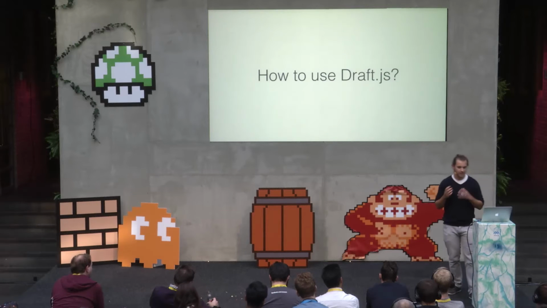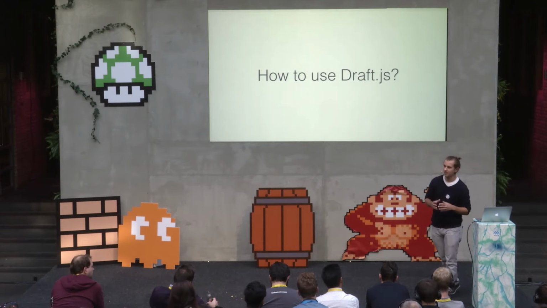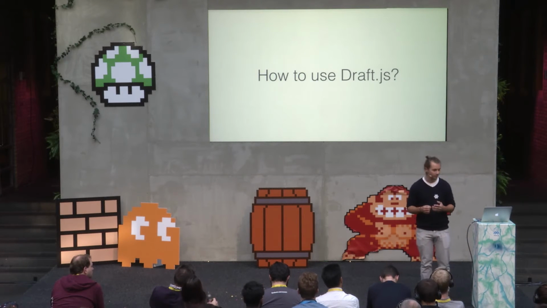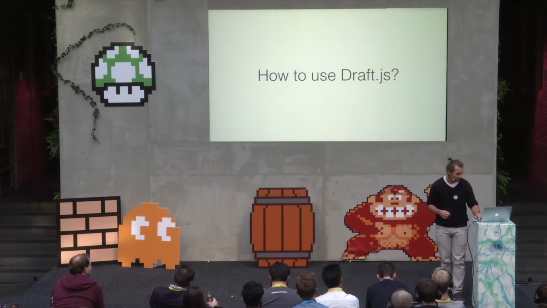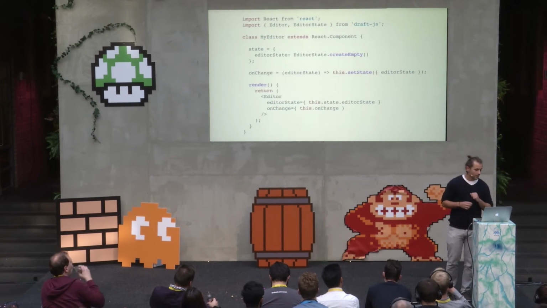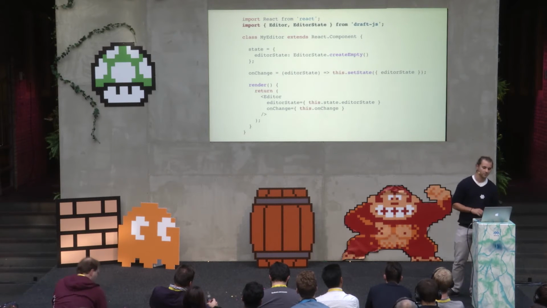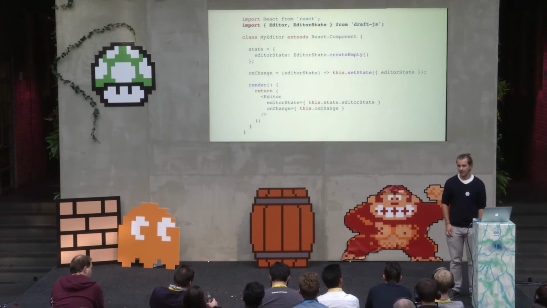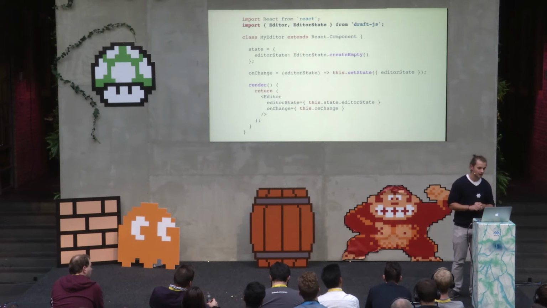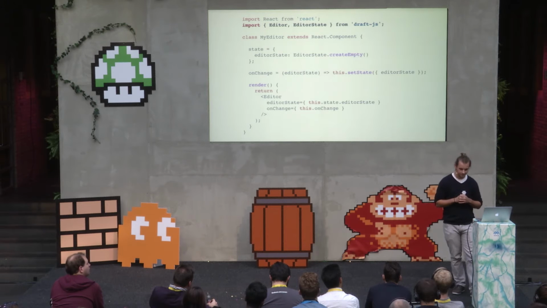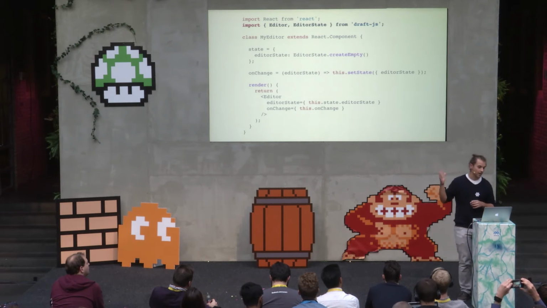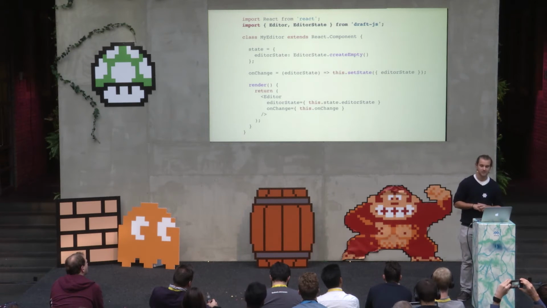So these are the features of Draft.js and why I believe it's super powerful and we should all use it. Let me show you how to use that. It starts out with we build a simple React component, and in this case, I say that it's a class, it's my editor, and I want to import the editor from Draft.js as well as the editor state.